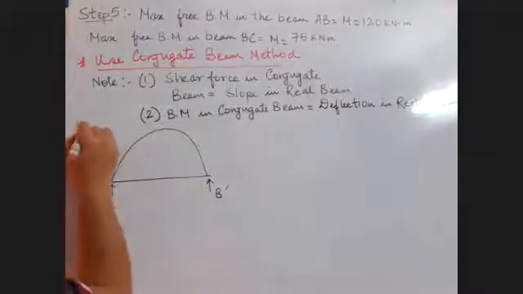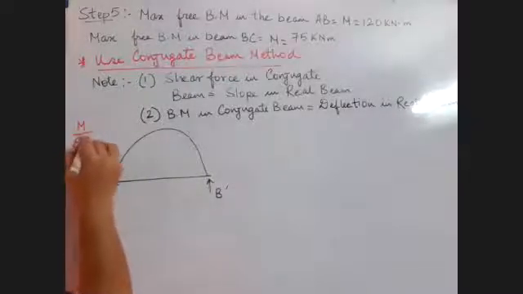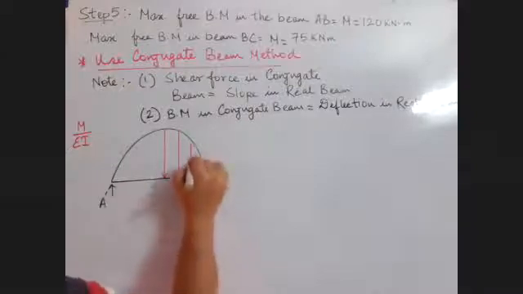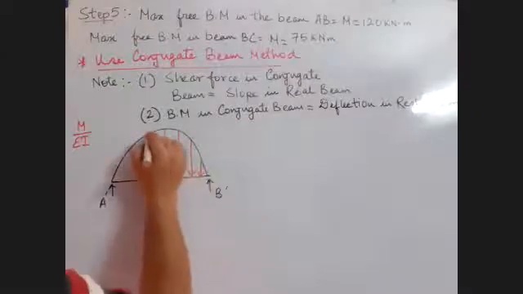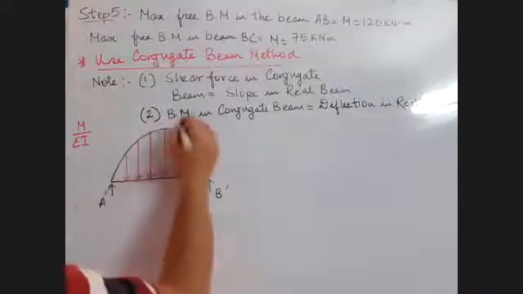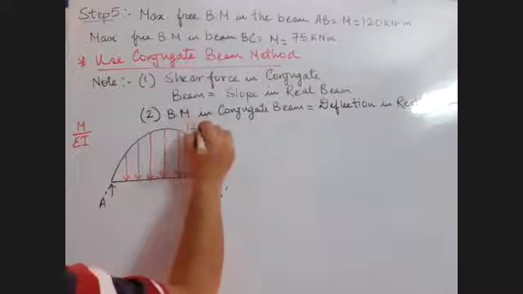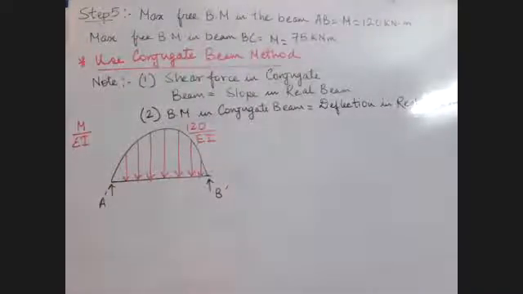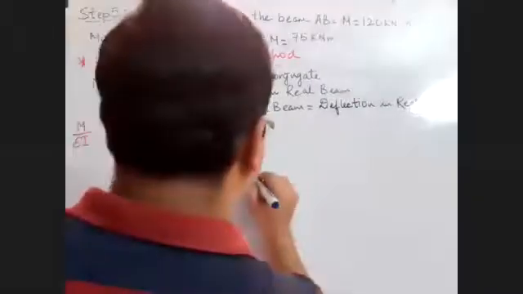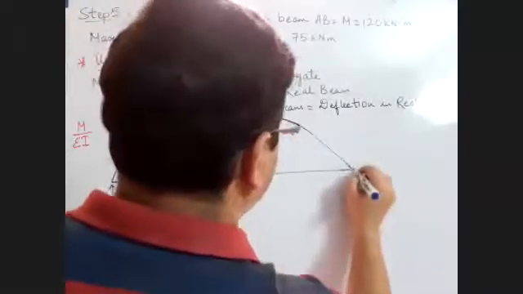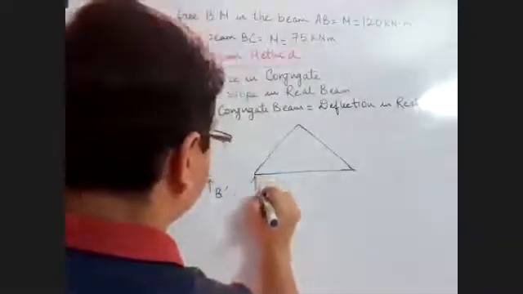We will do the M by I diagram. So I will draw the conjugate beam. So 120 by EI. And another is beam BC. I am naming the conjugate beams differently.